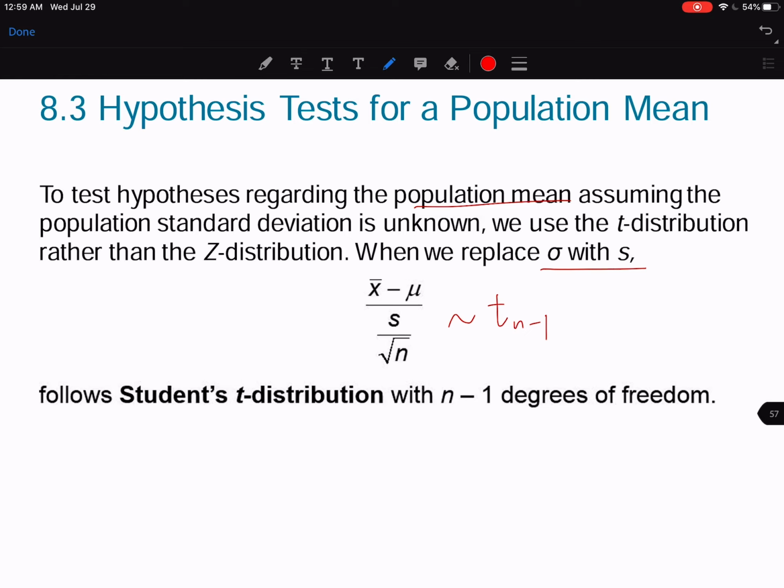The reason why this happens is because we use the sample standard deviation instead of the population standard deviation. And we know that the sample standard deviation itself is a variable, which means it brings more variability into the distribution, which makes it more unstable.